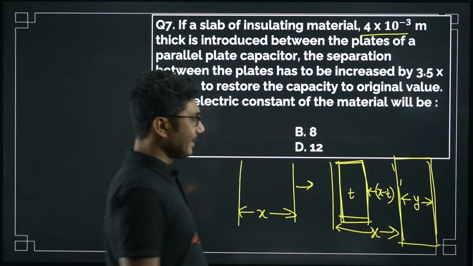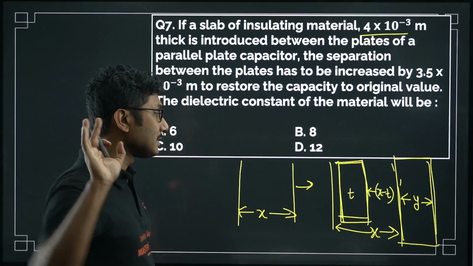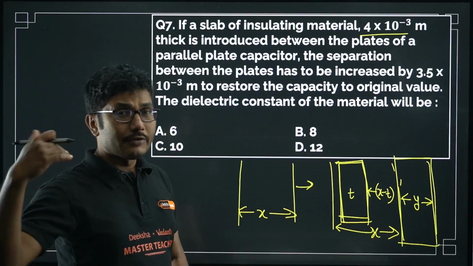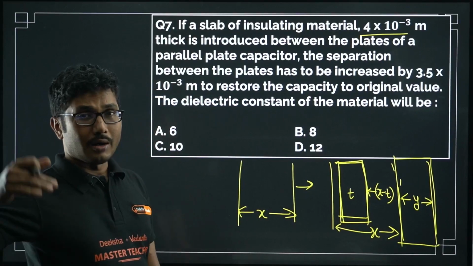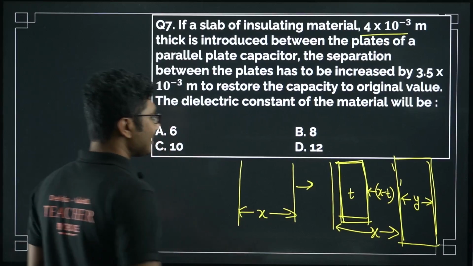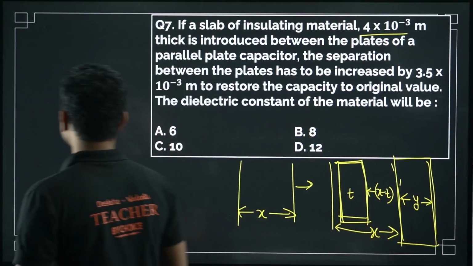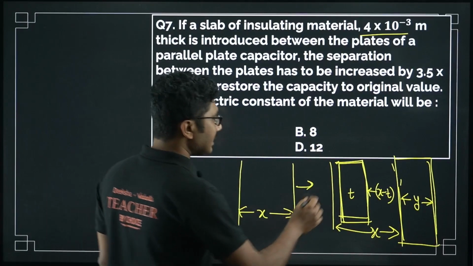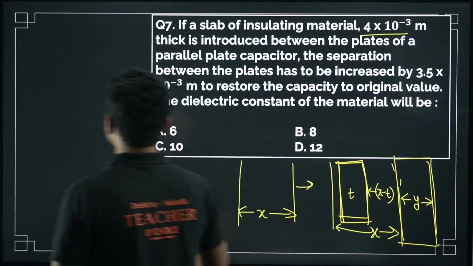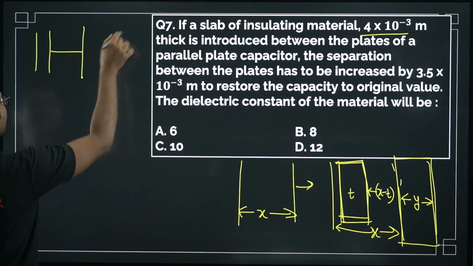Now let's see. Let us establish a general method so that you can solve it if a similar question comes in your KCET exam as well. So what is the capacitance of this capacitor, by the way? You can consider this to be a combination of these two capacitors.